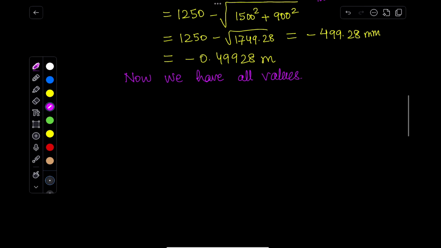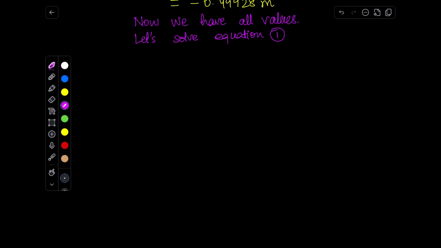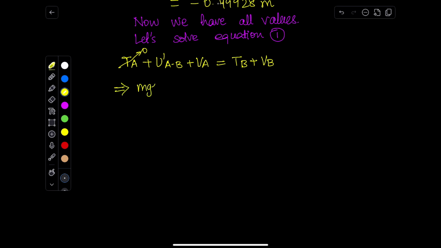So I will write the whole equation again. As you know, the kinetic energy at position A is 0 because it starts from the rest.